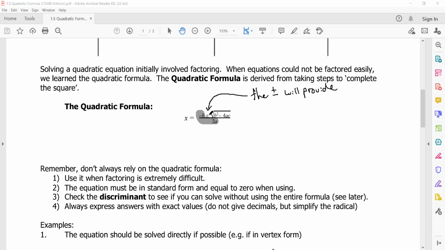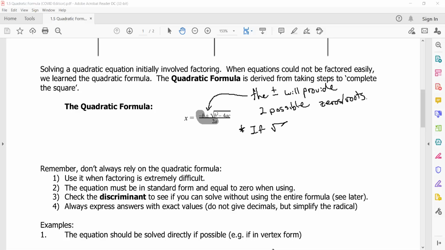So let's see it in action. The plus minus will provide 2 possible zeros or roots in this case. Okay? A couple of 2 stars I want to add. Star number 1.